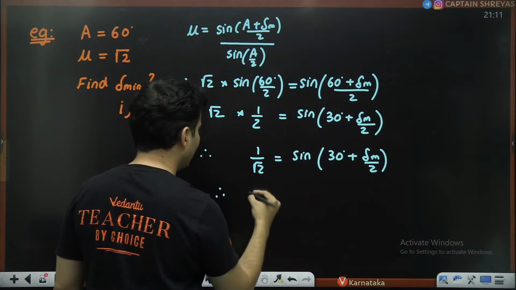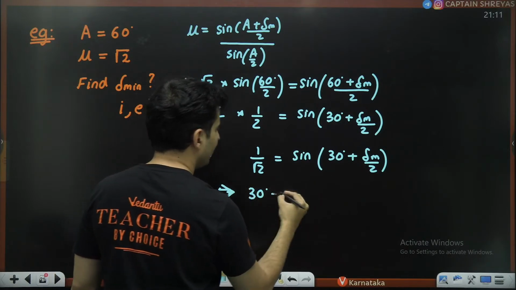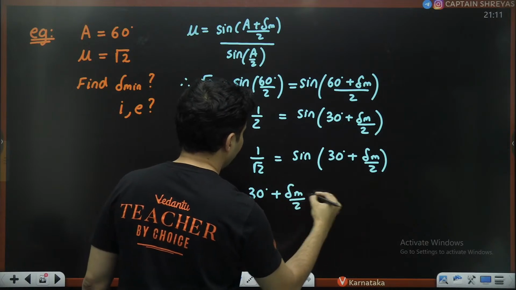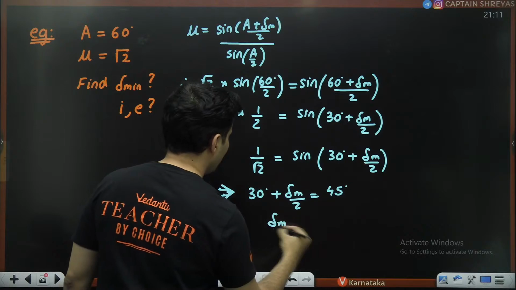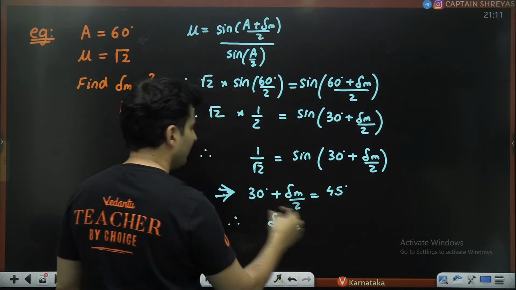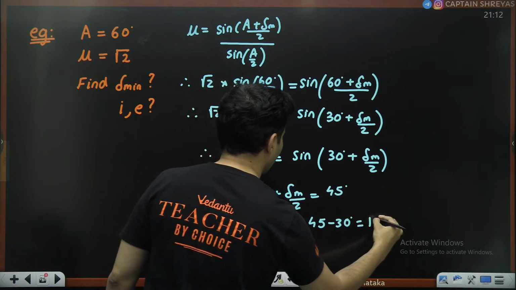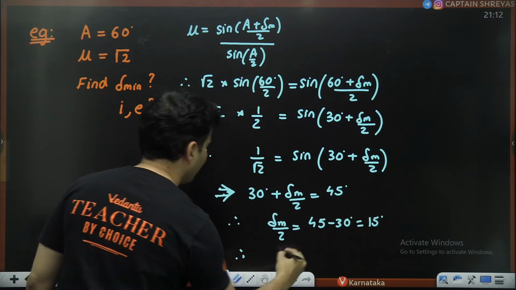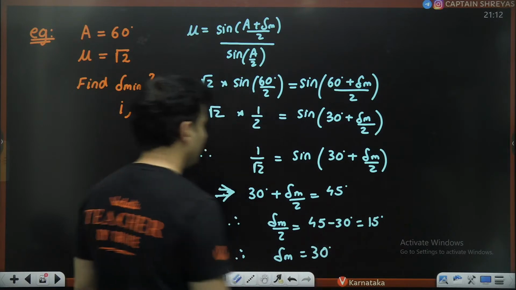So 30 plus delta minimum by 2 is 45 degrees. Therefore delta minimum by 2 is 45 minus 30, which is 15 degrees. So delta minimum is 2 into 15, which is nothing but 30 degrees.